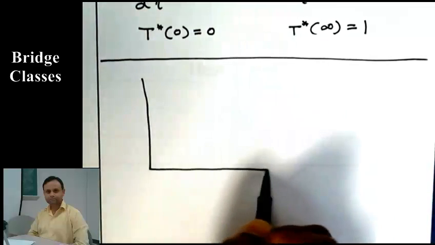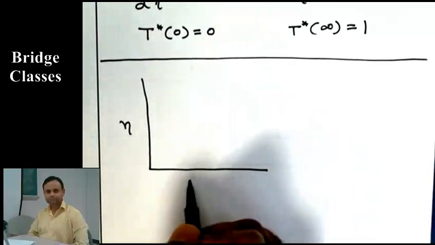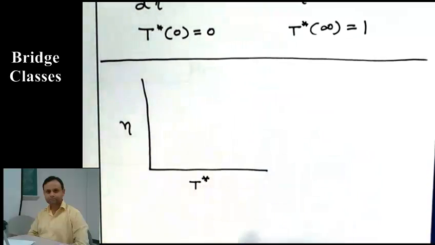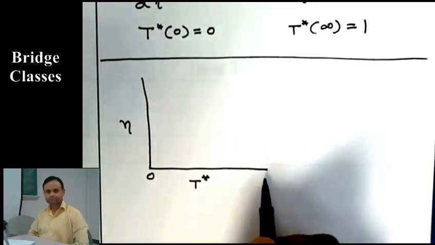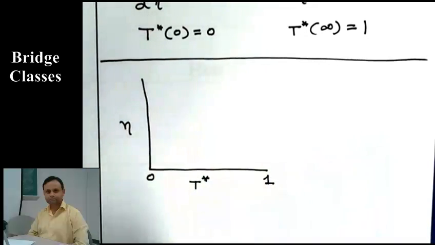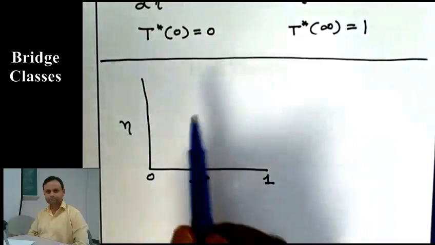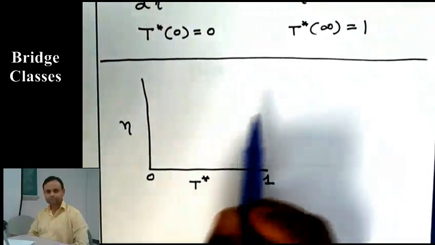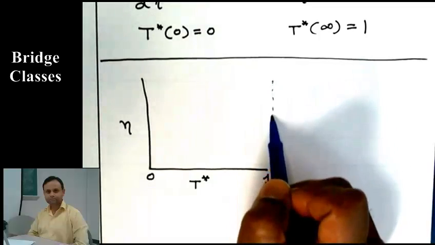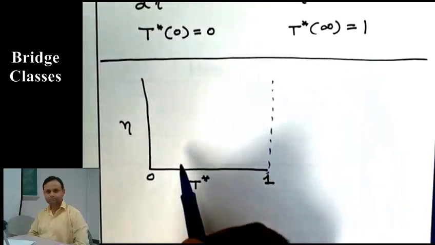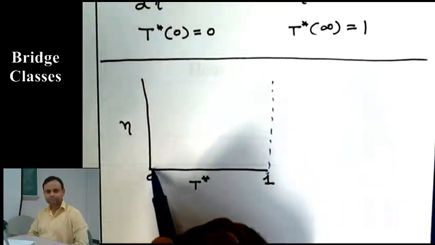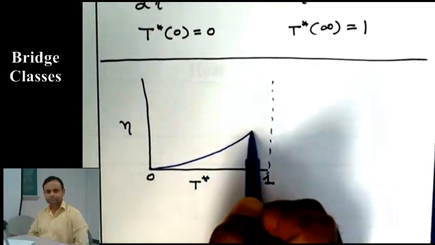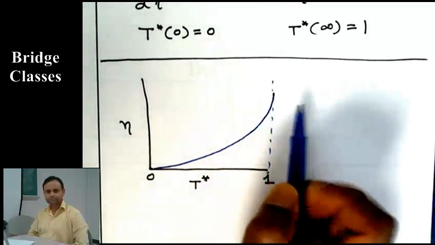So if you plot eta versus T star, T star goes from 0 to 1. The solution looks like this for different values of Prandtl number. When Prandtl number is 1, it is like this.